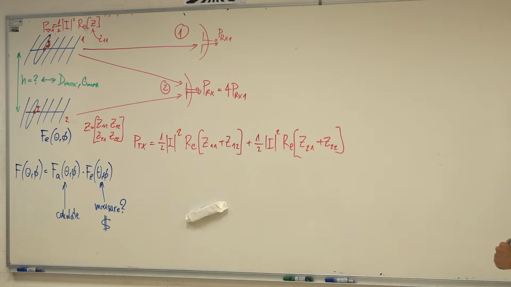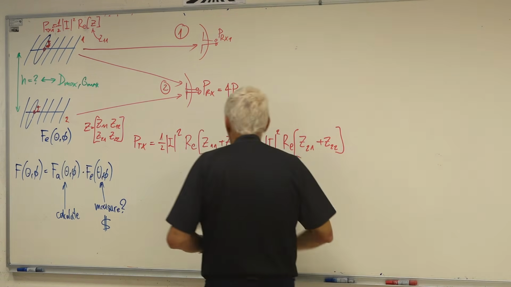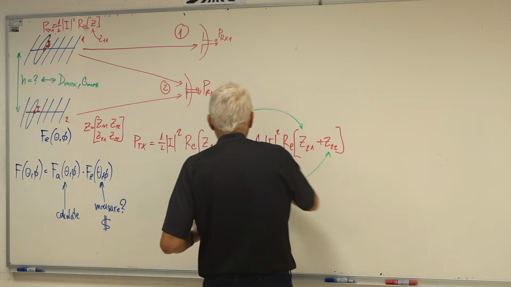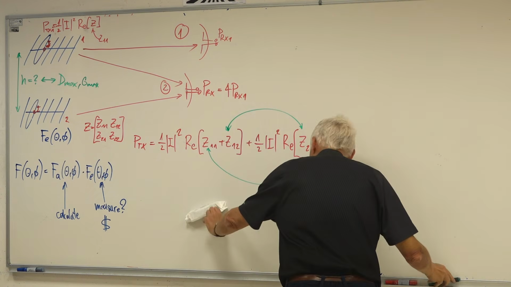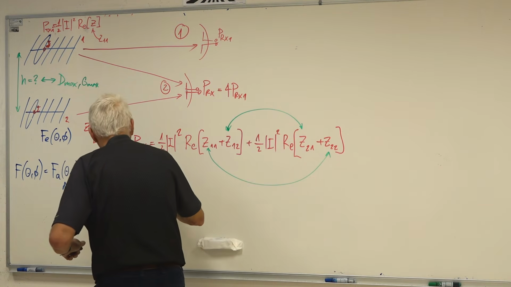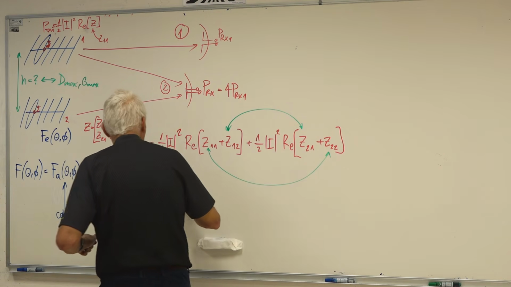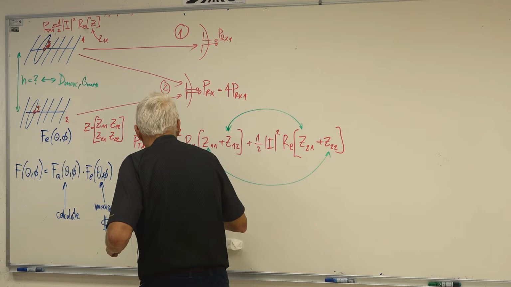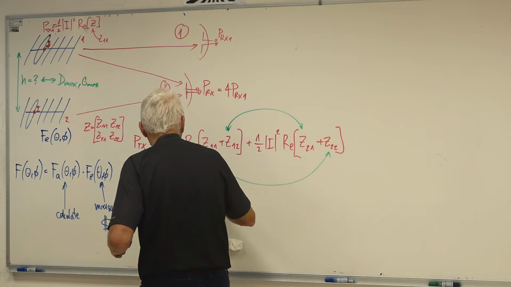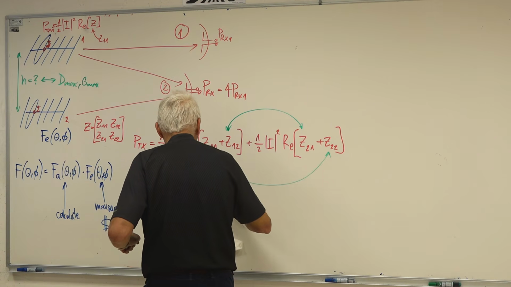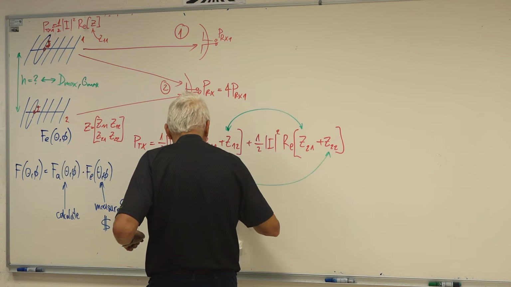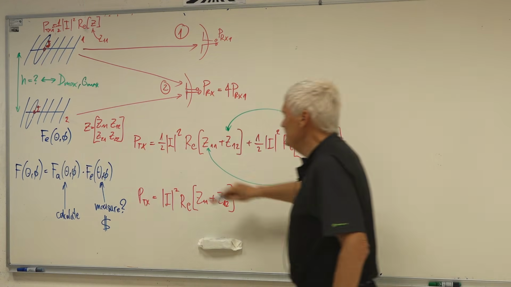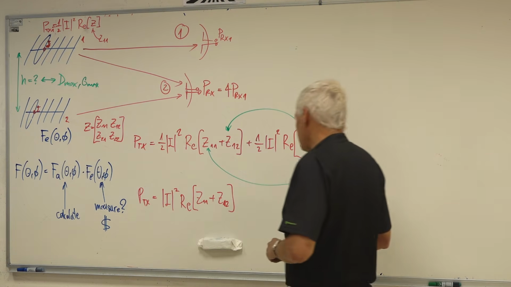Since the antennas are identical, I can simplify this expression: the power of the transmitter is now twice 1/2, so without the 1/2, I squared times the real part of Z11 plus Z21, because the second expression is the same. The Z matrix is actually completely reciprocal and symmetrical here.